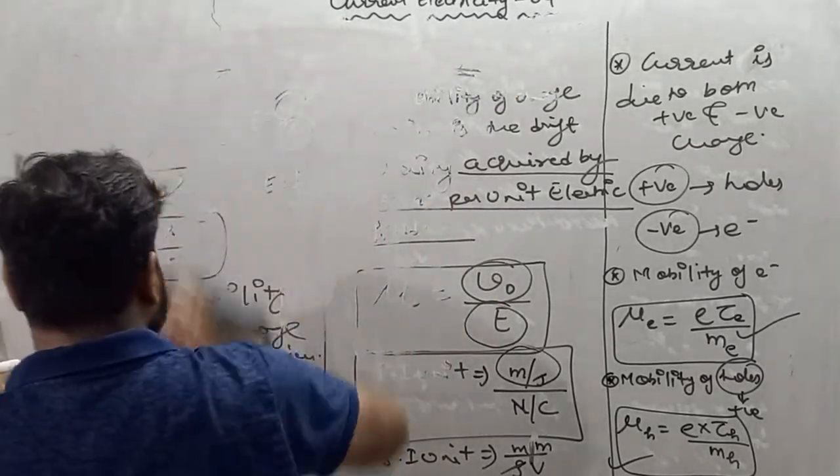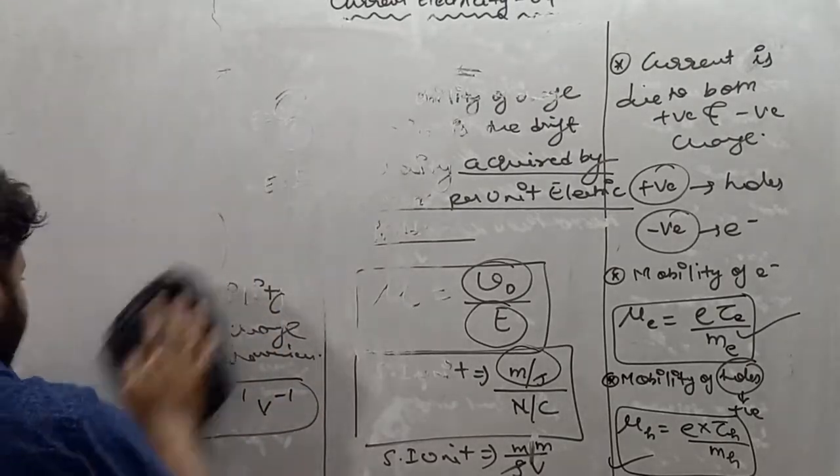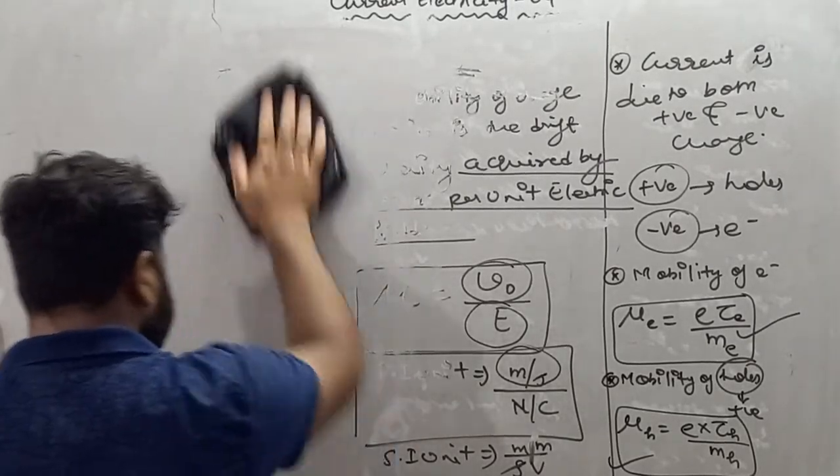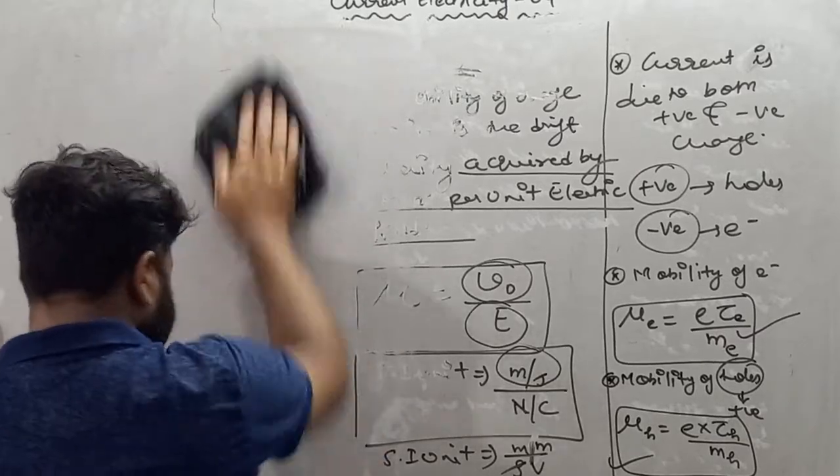As I already told you, in a semiconductor the current flowing is due to both positive as well as negative charges.